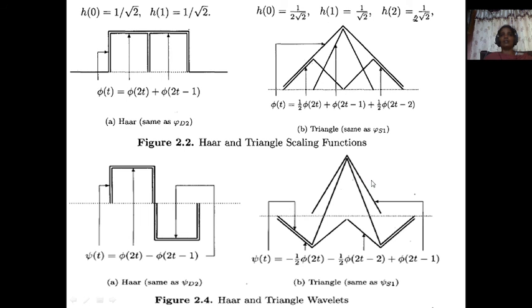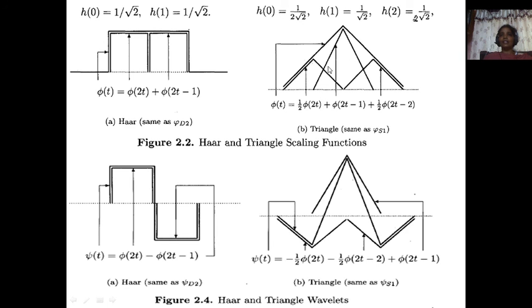Simple examples. Suppose our scaling function is going to have coefficients h of 0 equal to 1 by root 2, h of 1 equal to 1 by root 2. Then the function is going to appear like this. The corresponding wavelet is going to look like this. The coefficients are going to be given.